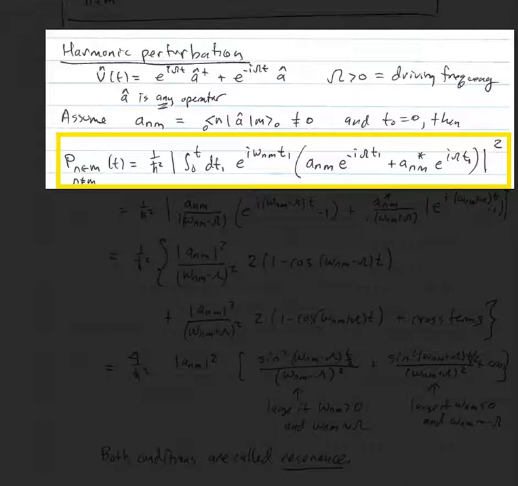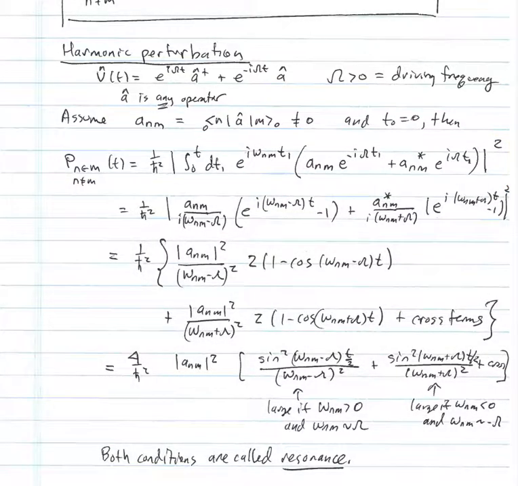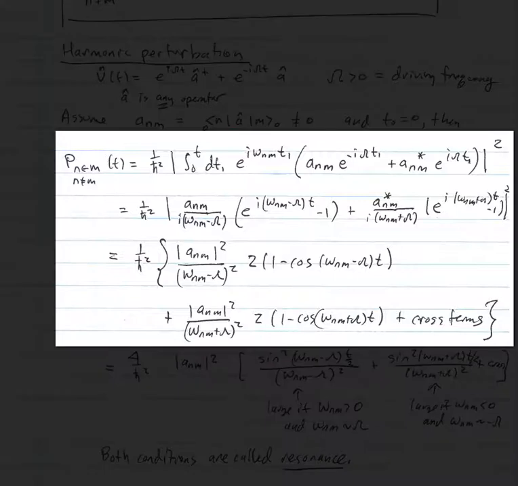But notice, because of the way we chose this harmonic perturbation, where we put an explicit time dependence in terms of an exponential, we can actually now do the integral. So the integral is very straightforward to do. It's just the integral of an exponential. I'll get 1 over the exponent, and I'll get the exponential evaluated at time t minus the exponential evaluated at time 0.